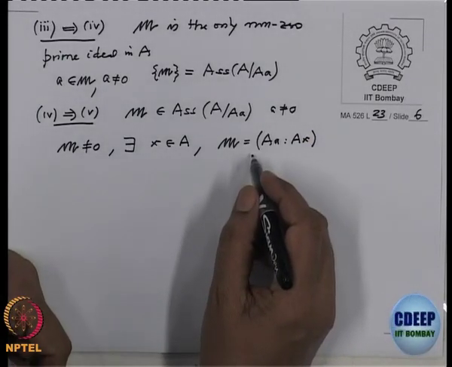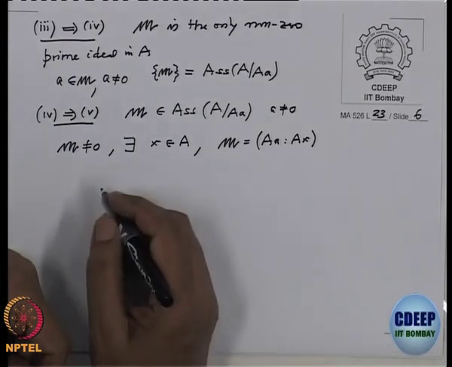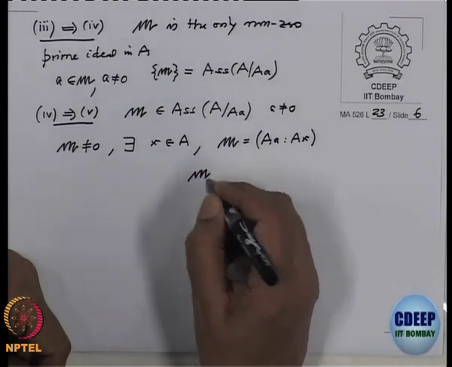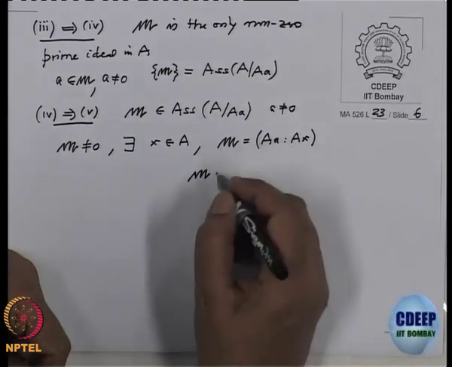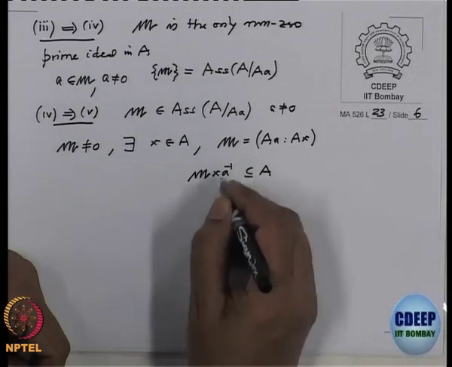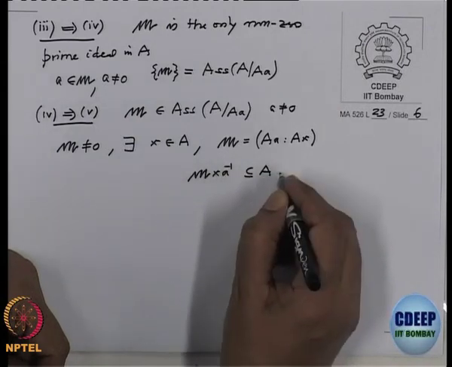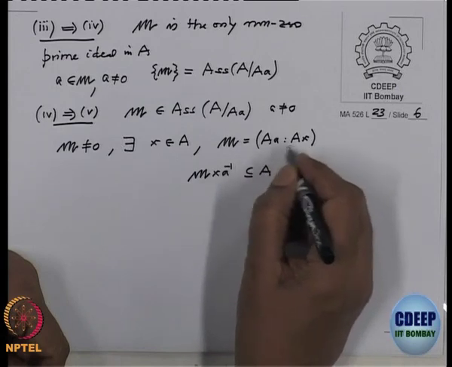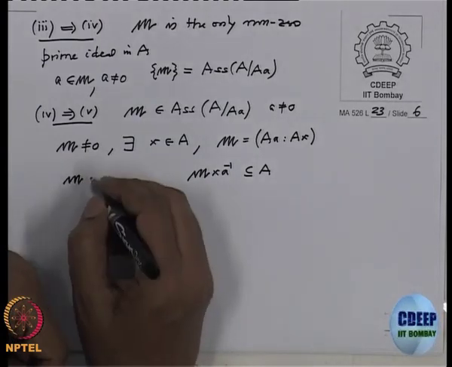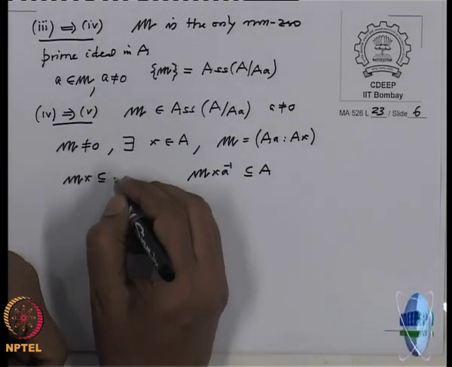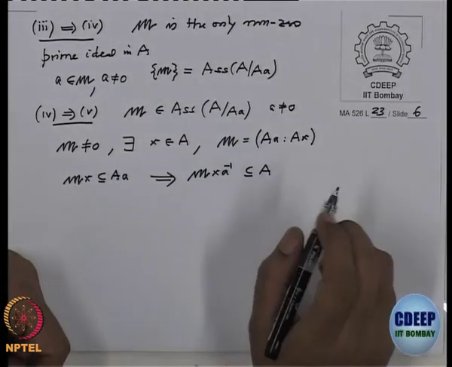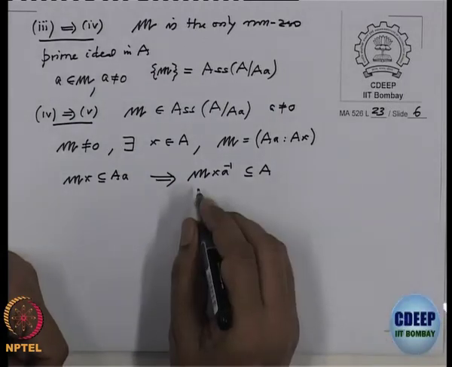But this will mean that if I take any element of M and multiply by x a inverse, I will go in A. To check this I have to check that m times x is contained in A, but that is the definition of this colon. So, m times x is contained in the ideal generated by a, and multiplying a inverse from this side, it shows this.